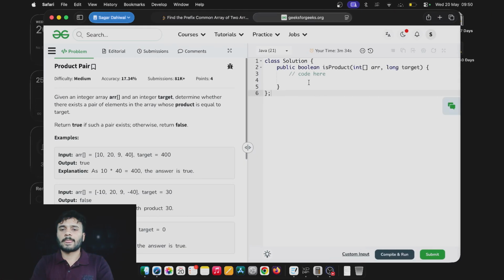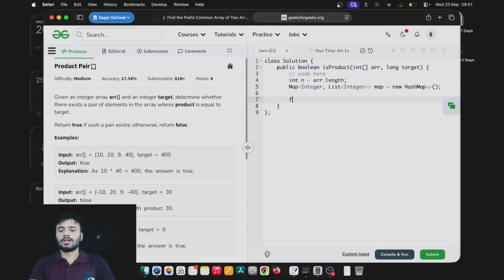Let's see, the map of integers to list of integers. This will be a new HashMap, and the loop will run over the length of the array.